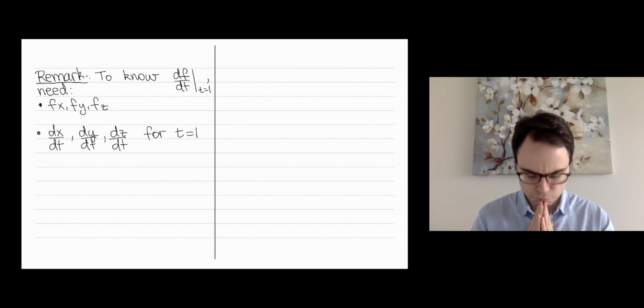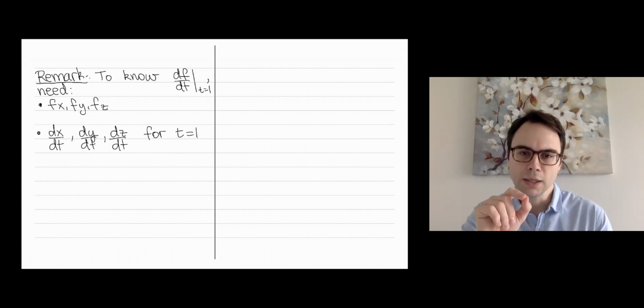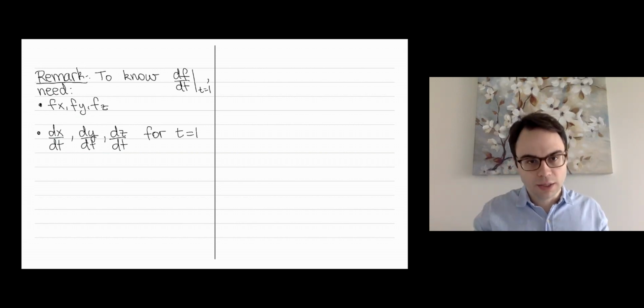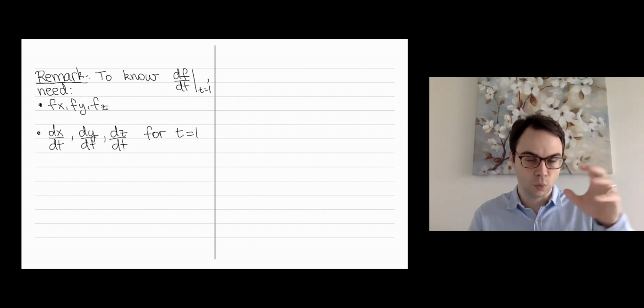So what I'm saying is, if I want to know how fast the temperature is changing for the bug at time t equal to 1, I need to know where the bug is. I need to know how fast the temperature is changing with position at that position, where that bug is.